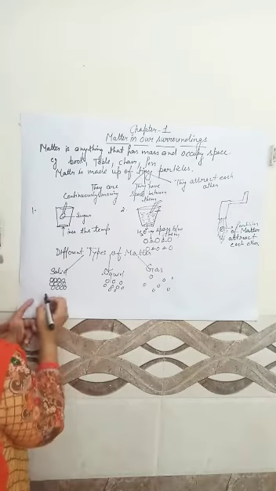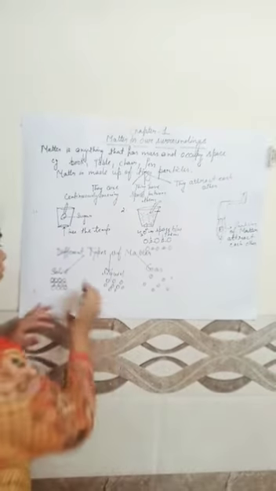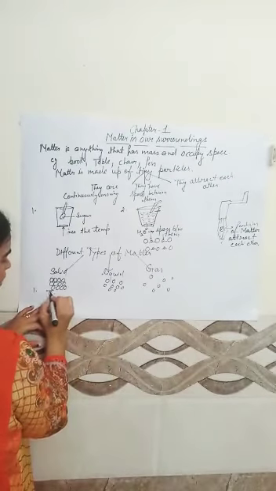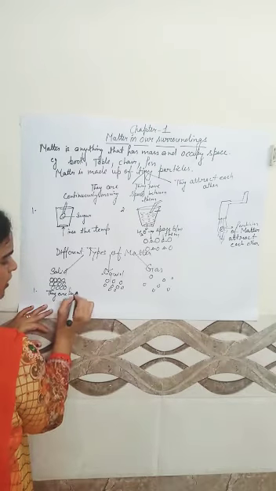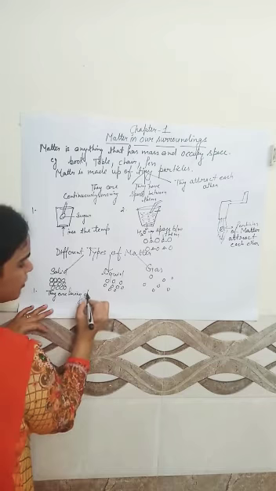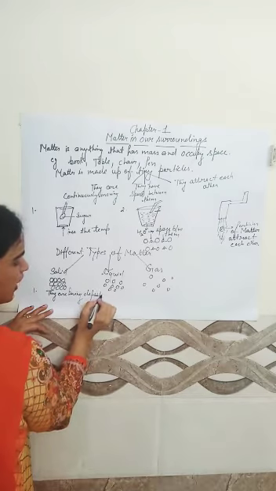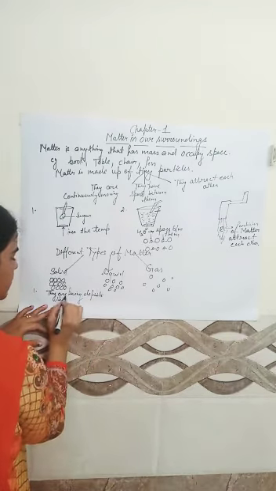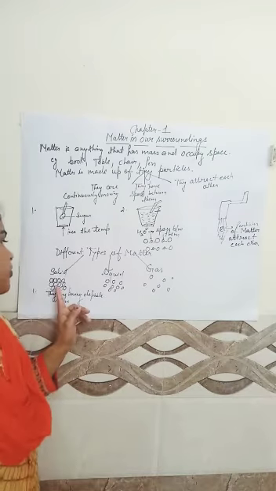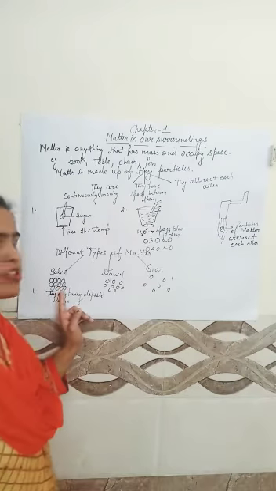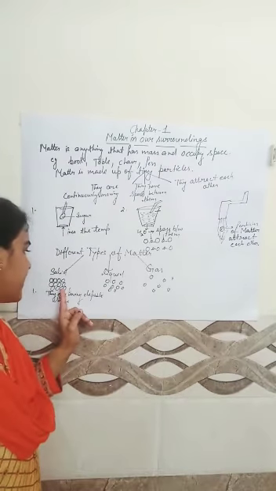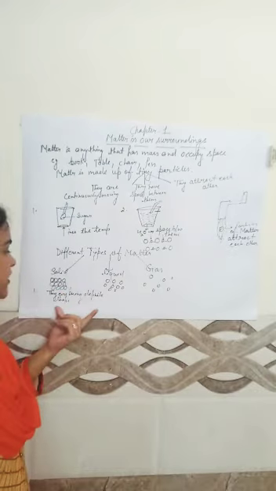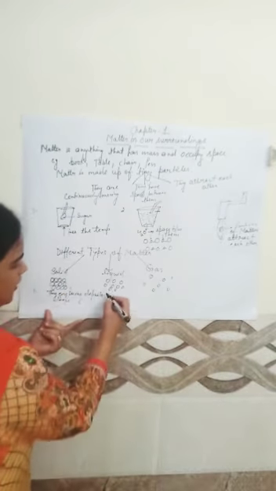Now the first is solid. We have different properties of solids. The first property is that they have a definite shape. They have a definite shape because the intermolecular force of attraction is very strong in solids and the intermolecular spacing is very little, negligible in solids, so solids have a definite shape.